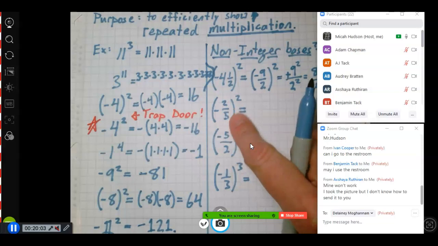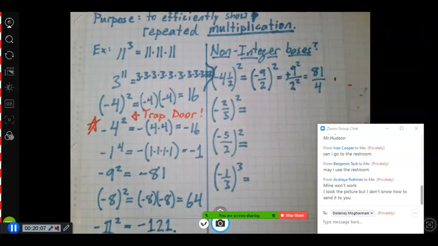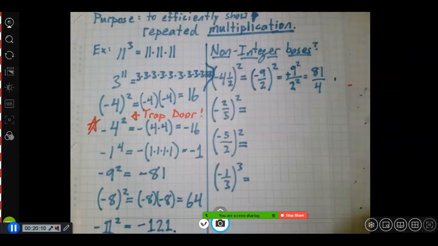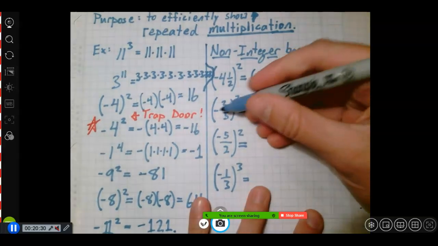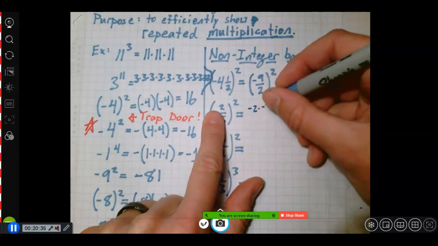Ivan, when we raise negative 2/5, sorry, I'm going to move this stuff off here, when we raise negative 2/5 to the second power. Ivan, you're muted. Ooh, you're so close. So remember, if I put the negative in the top, it'd be like -2 times -2.